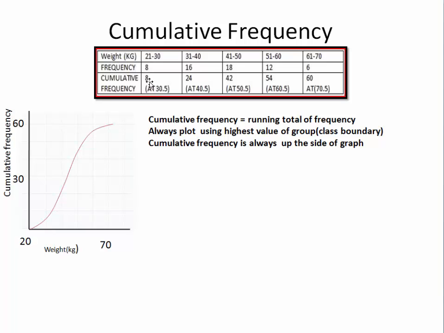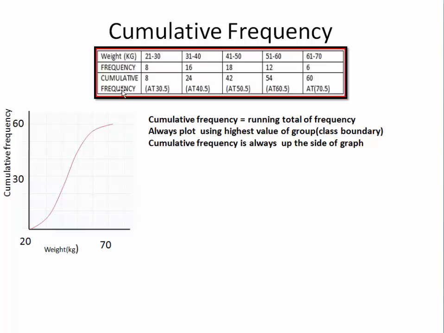Then the cumulative frequency, so 8, 16, so 8 plus 16, 24, 24 plus 16, 42, and so forth. So we add these together. So 8 plus 16, and that total plus 18, that total plus 12, that total plus 6. That gives us our cumulative frequency.